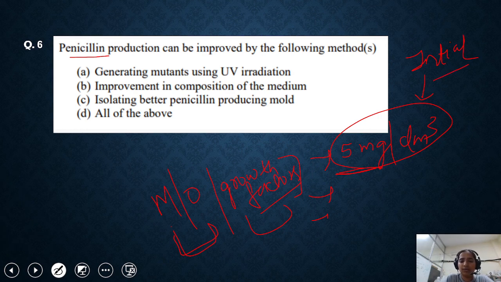But now when we change, and initially which microorganism was used for producing this? Can anyone tell me the name of which microorganism was initially used to produce this, or which one is used at present?